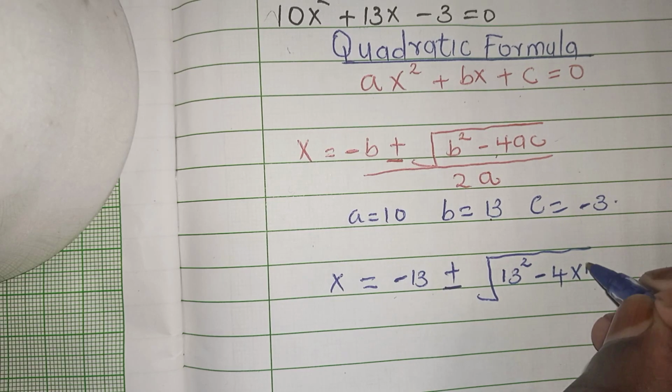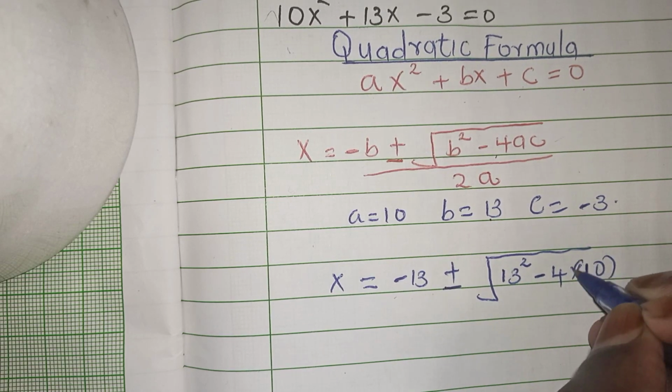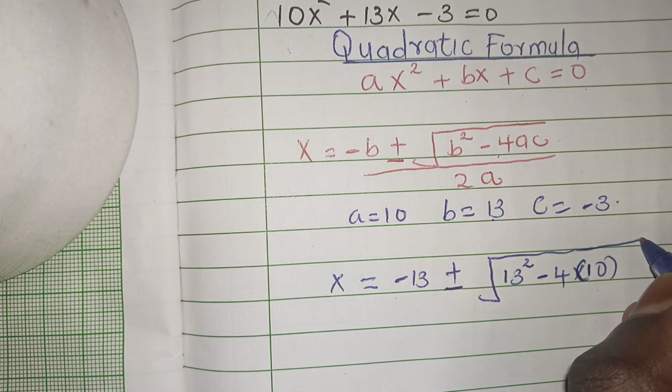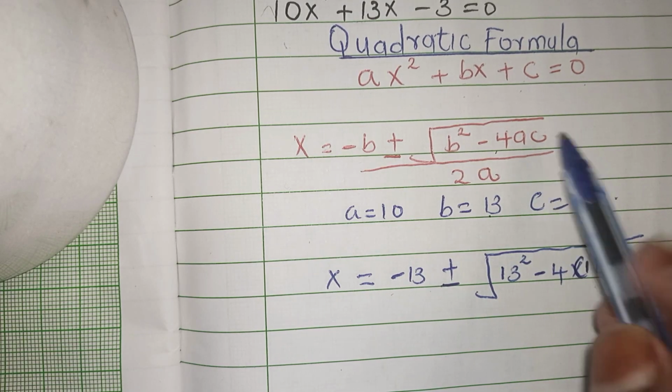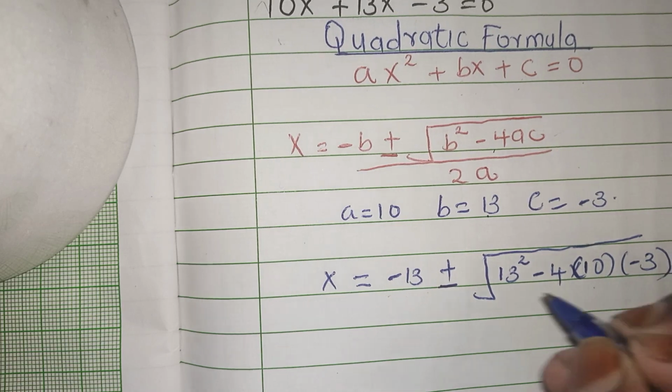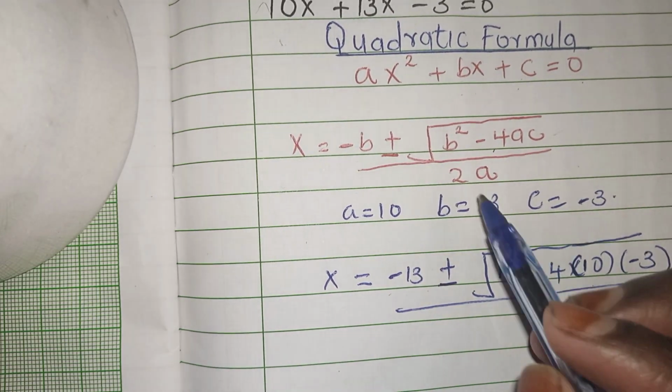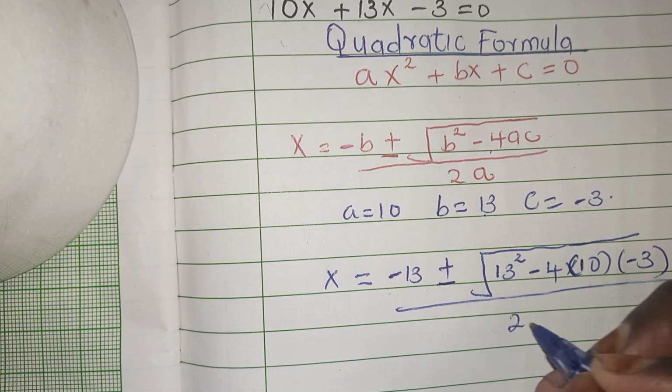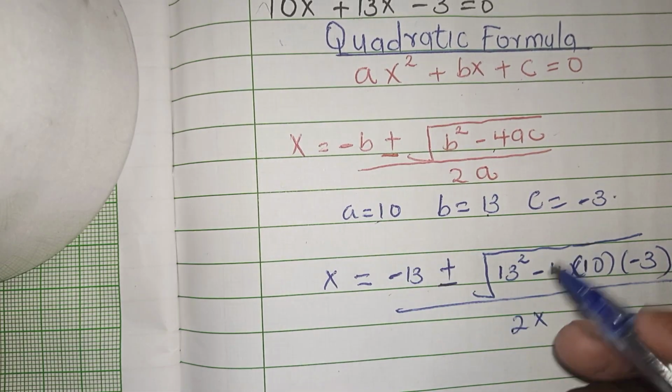A is 10. Times c. C is negative 3. All this divided by 2a. 2 times a is 10.